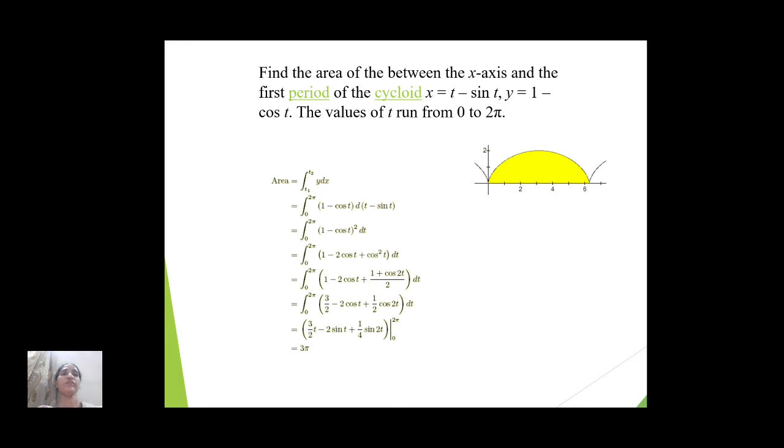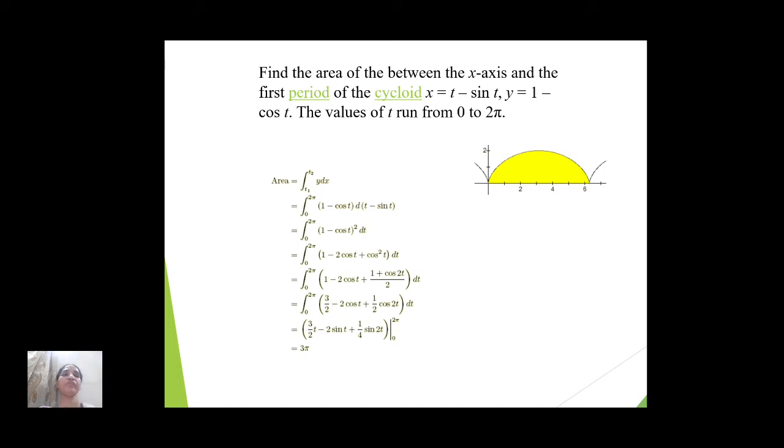Find the area between the x-axis and the first period of the cycloid x equal to t minus sin t and y equal to 1 minus cos t. The values of t run from 0 to 2 pi. So area equal to integral a to b y dx.